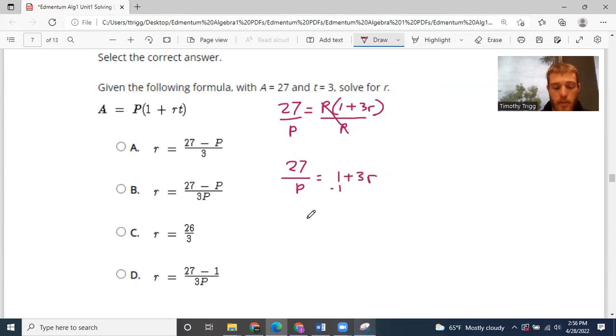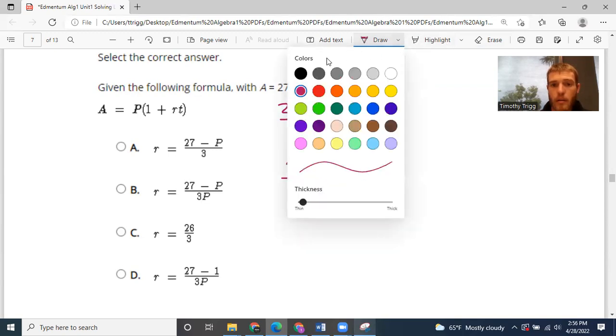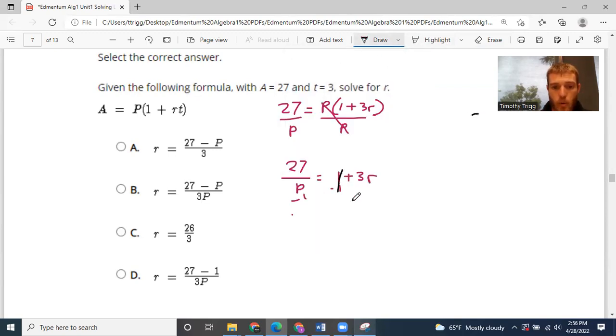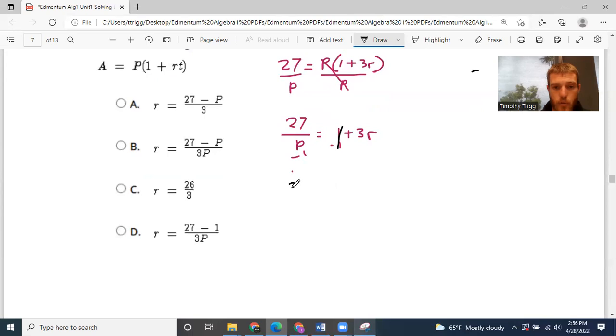Subtracting 1 on both sides of the equation cancels this one, leaving us with 27 over P minus 1 equals 3R.